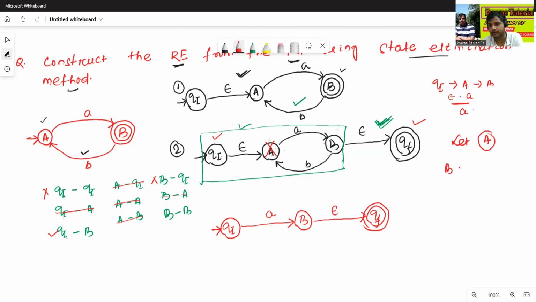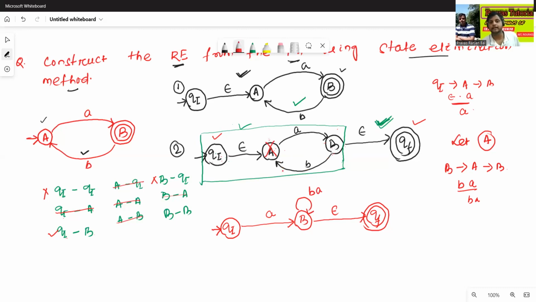Let's see how to get it: B to A, then A to B. B to A is B, and A to B is A. That means BA. But remember, B to B means here there is a self loop.